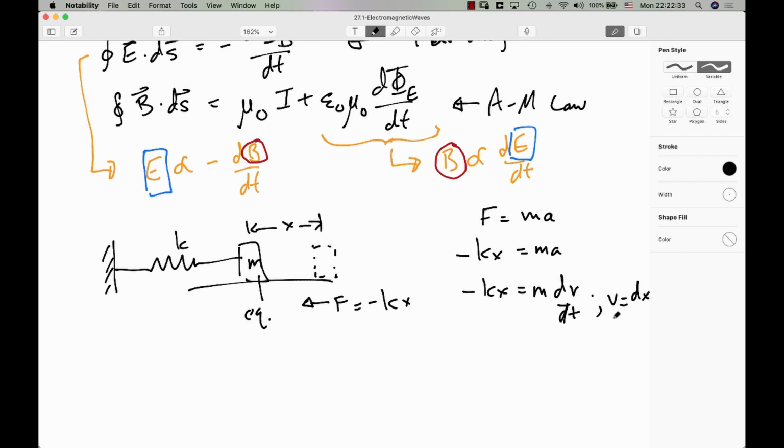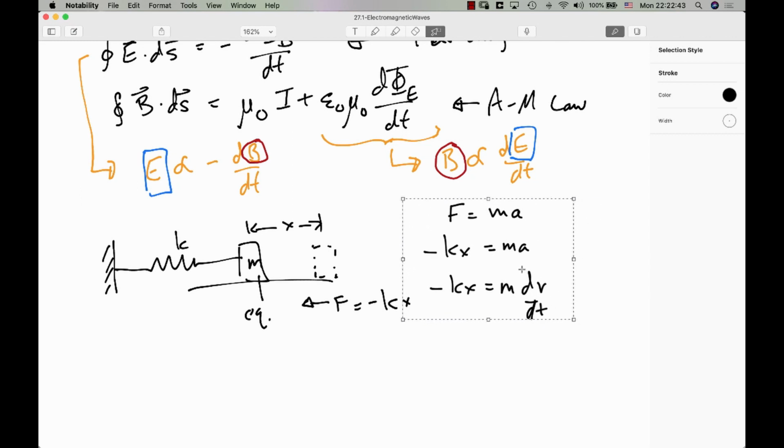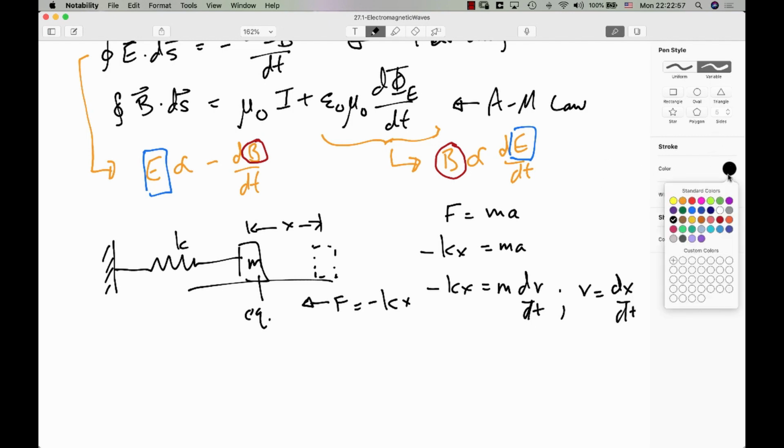We also remember that v is equal to dx/dt. Now, take a look at this.